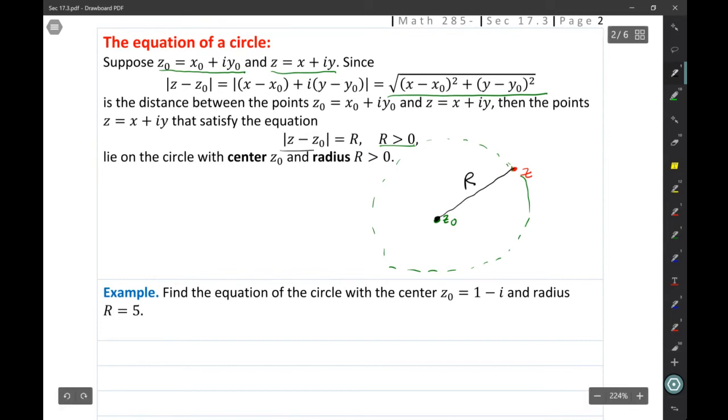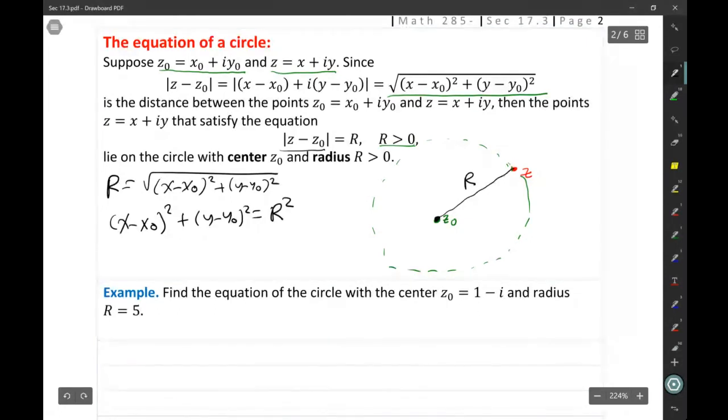But mathematically, how does this work? When we said that modulus z minus z naught is equal r, that means r is equal to the square root of (x minus x naught) squared plus (y minus y naught) squared. Now square both sides and it becomes what? (x minus x naught) squared plus (y minus y naught) squared is equal to r squared, which is here.